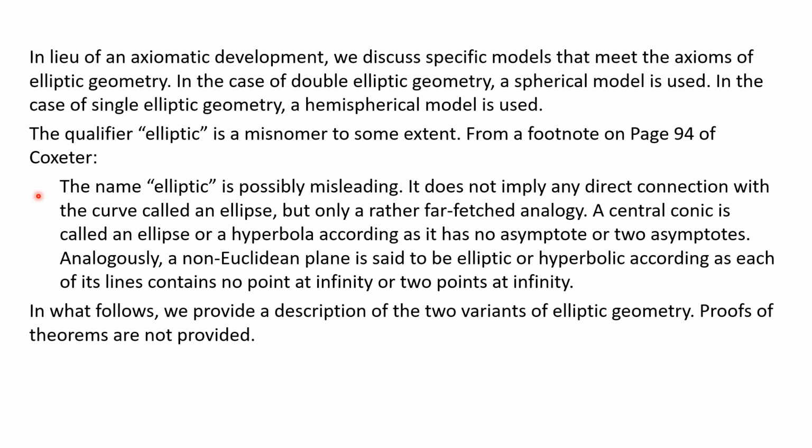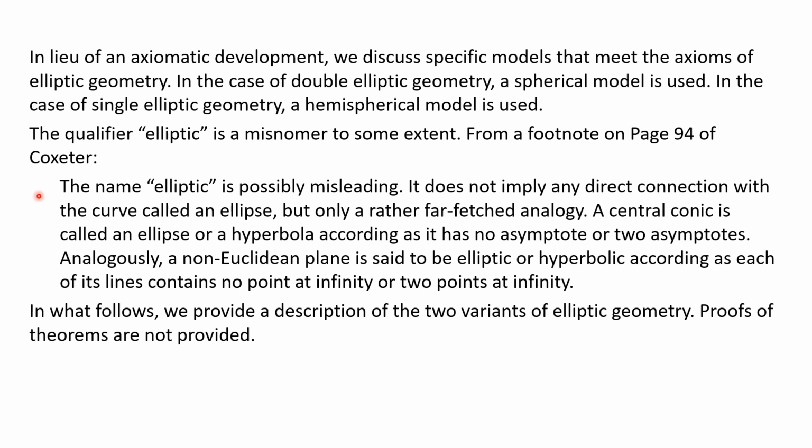A central conic is called an ellipse or a hyperbola accordingly as it has no asymptote or two asymptotes. Analogously, a non-Euclidean plane is said to be elliptic or hyperbolic according as each of its lines contains no point at infinity or 2 points at infinity."